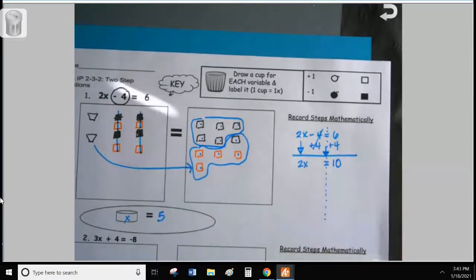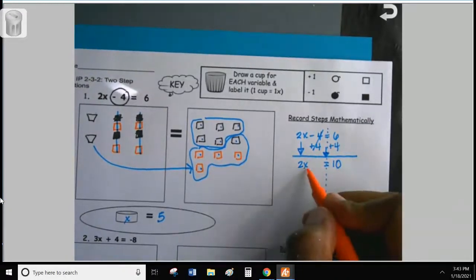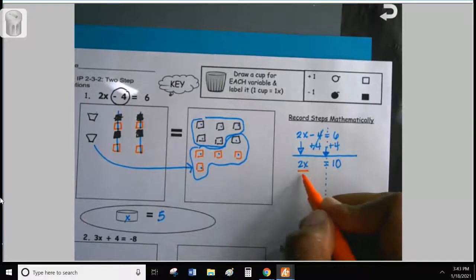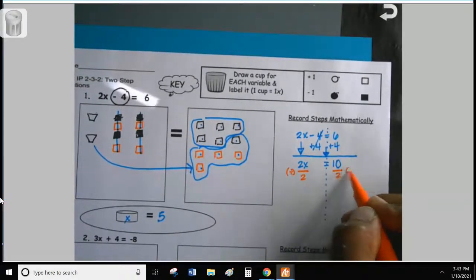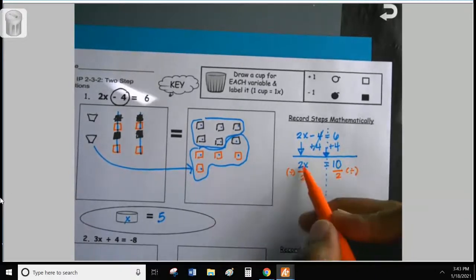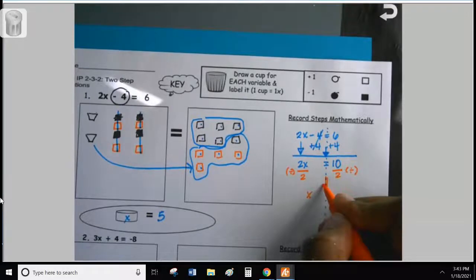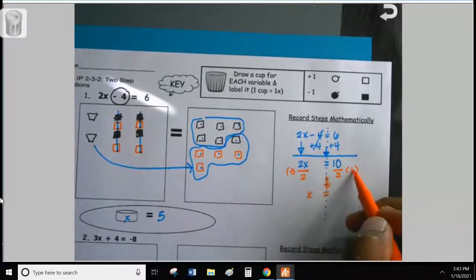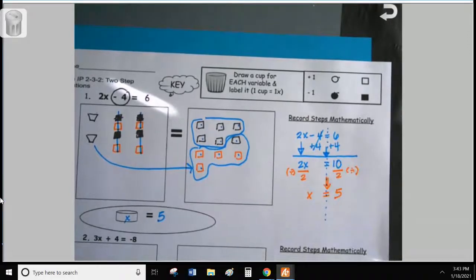To get x alone, just to find out the value of 1x, I have to do the opposite of multiplication, which is to divide both sides by 2. 2 divided by 2 is 1, so I will end up with 1x. Bring down that equal sign again, is equal to 10 divided by 2, which is 5. That's our answer, x equals 5.